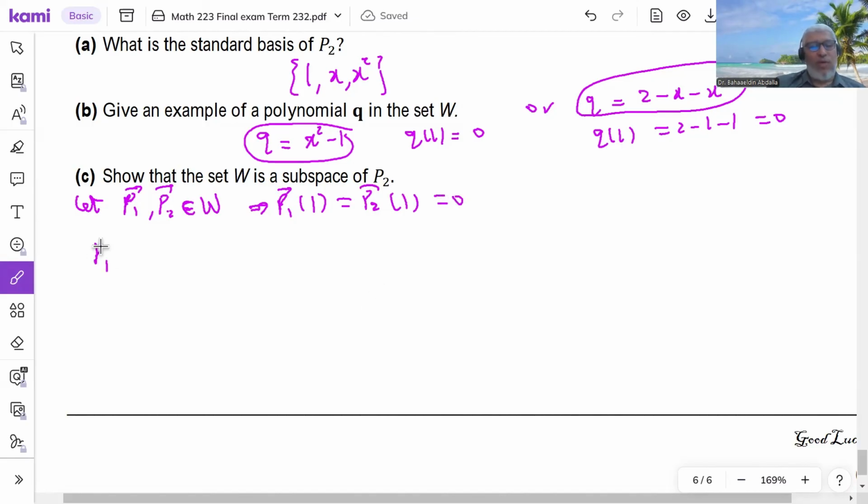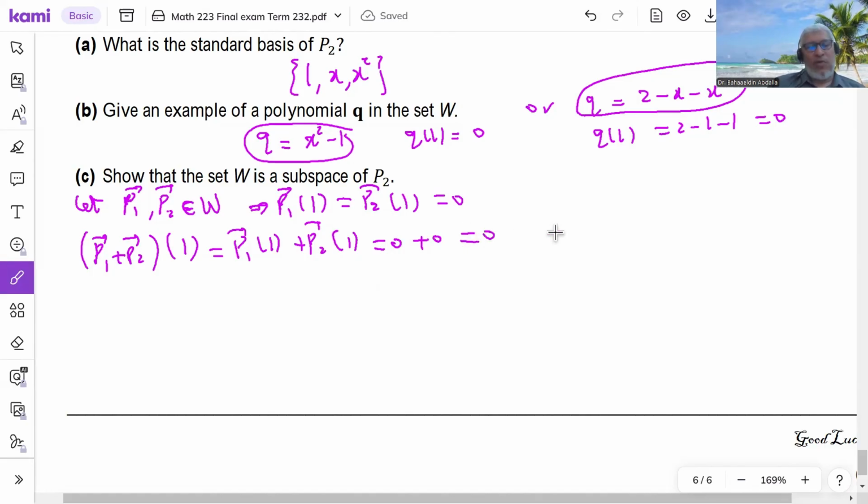Now, what would be P1 plus P2? P1 plus P2 would be in W if (P1 plus P2) of 1 is 0. But what is this? It's P1 of 1 plus P2 of 1, but this is 0 plus 0, 0.